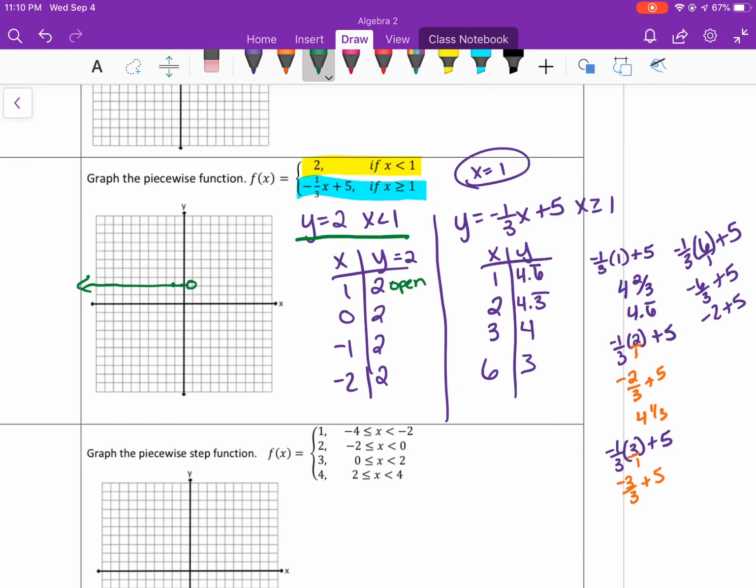And then here on the right, I'll graph that one in this pink color. I got 1, 4.6. Since it's equal to 1 here, this circle will be closed. So at 1, I'm going to have to just do my best to estimate 4.6, but it's going to be a closed circle. And then I'm just going to go to 3, 4 for my next point, and then I'm going to go to 6, 3.